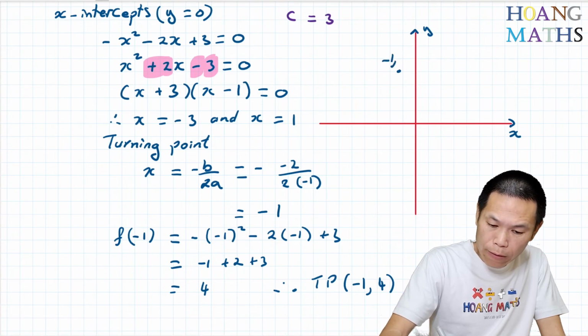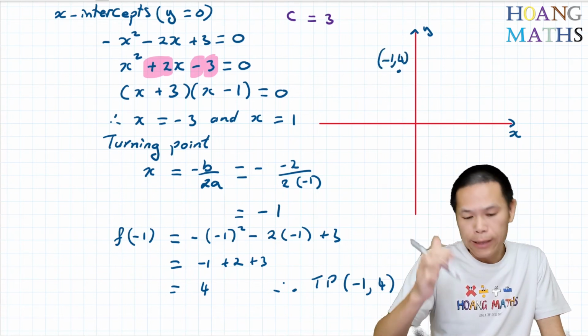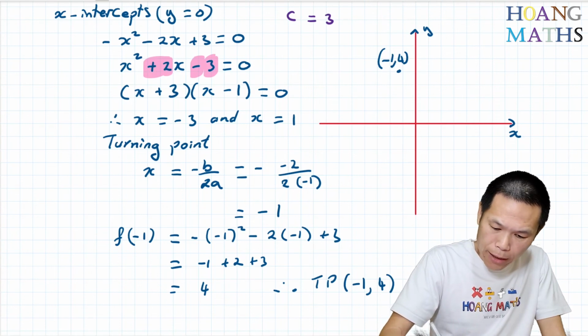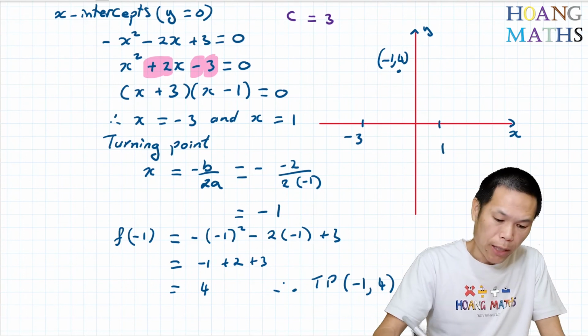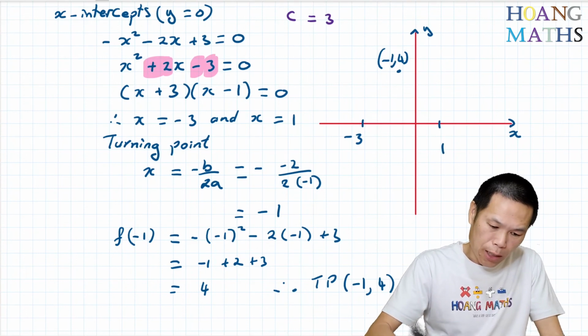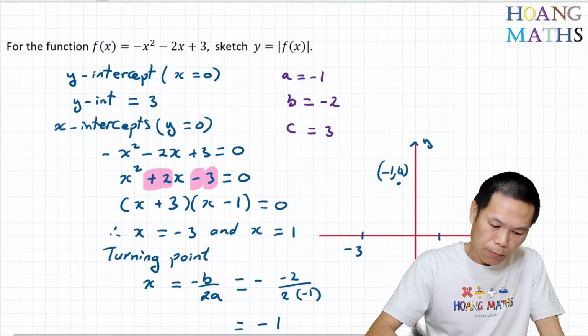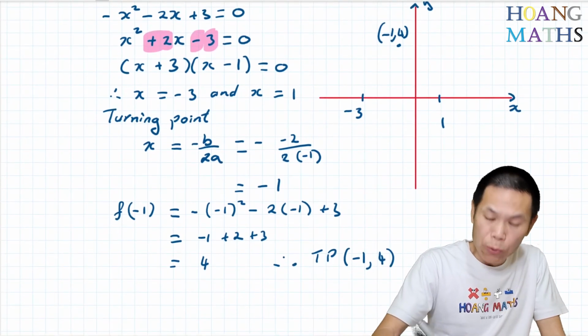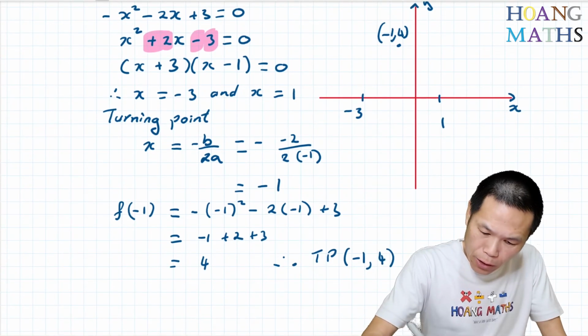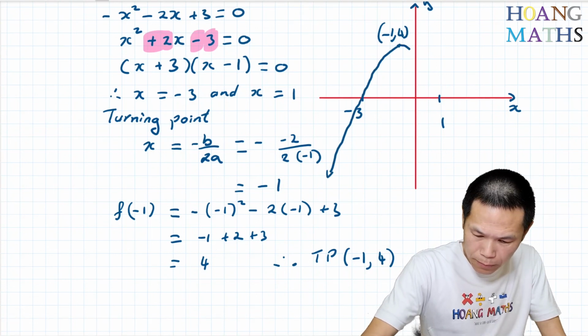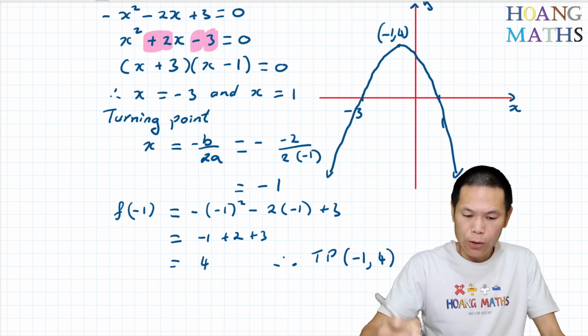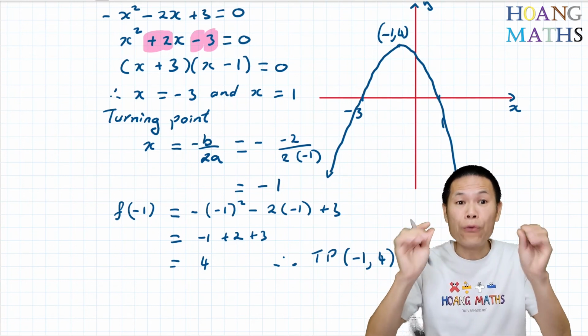And the x-intercepts are 1 and negative 3, so negative 3 there and 1 there somewhere. And the y-intercept is 3, somewhere there. We just sketch it first, so your graph is like this. So there you go, that is f of x.